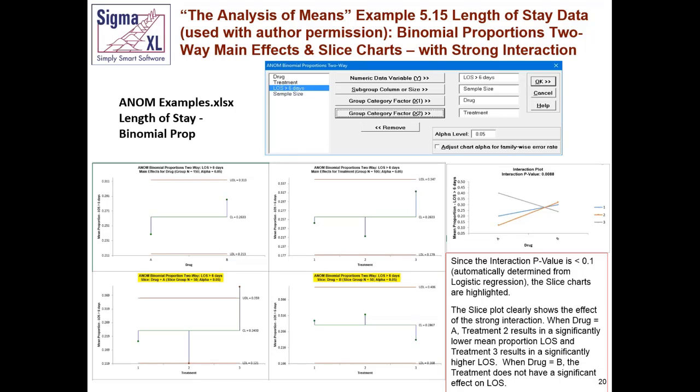You can look at the interaction plots, but those are kind of hard to interpret, and you don't get the statistical significance on the ordinary interaction plots. But when you look at the Anom charts, immediately you can see what's going on. And this is really the power of the slice chart in the presence of an interaction.